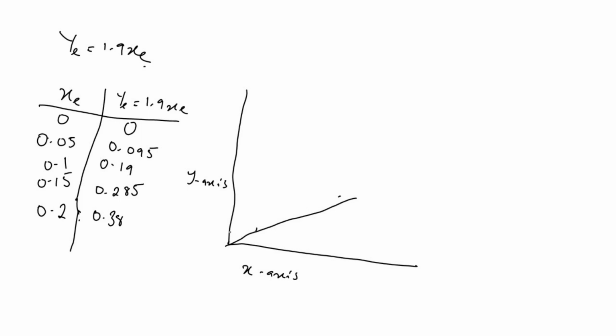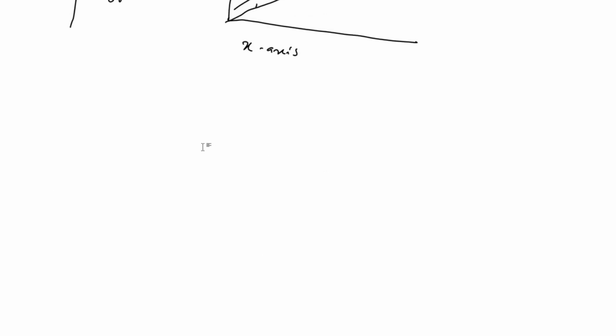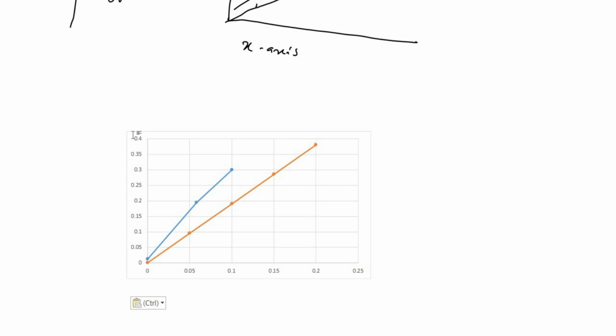After plotting my operating line, the same thing for the equilibrium line, on the same graph. After plotting the equilibrium line, I will start accounting for the values. If you plot it, it's going to be something like this.